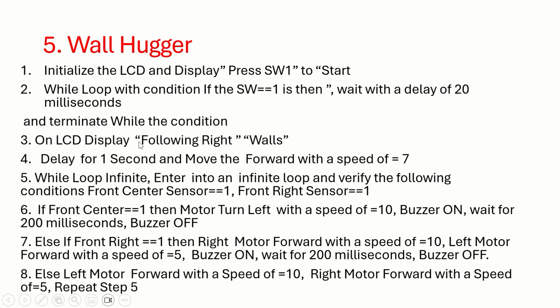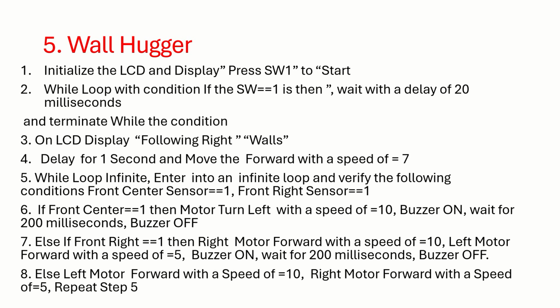And then on the LCD, display in the first line "following right" and in the second line "walls", because your robot is looking for the wall and following the walls.